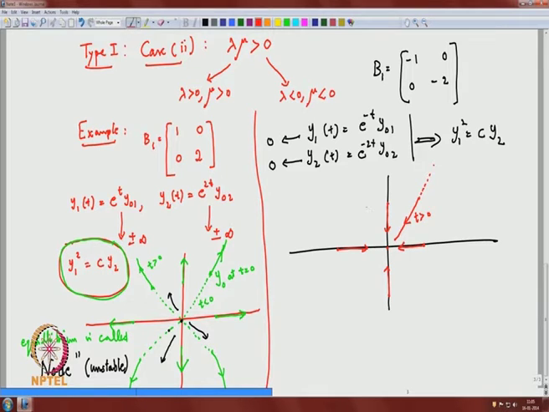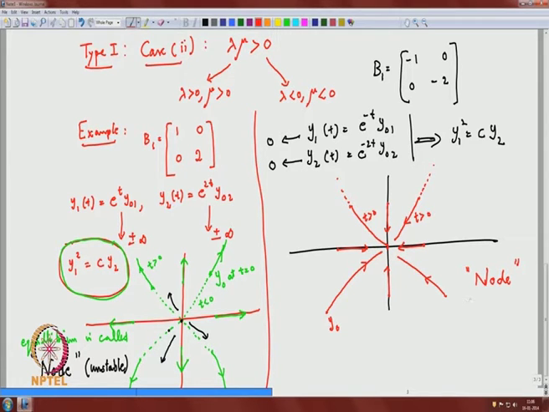So, if you start from any point here, it does not matter, it will go to the origin as t tends to infinity. So, this is your phase portrait, and this is again a situation of a node.